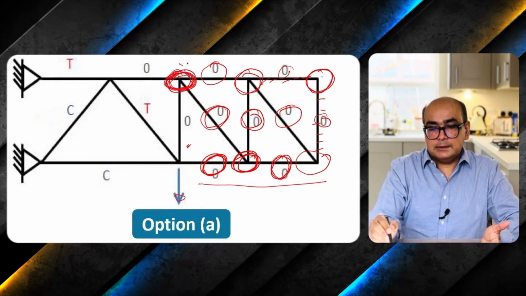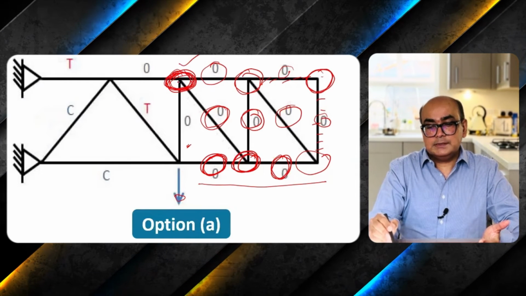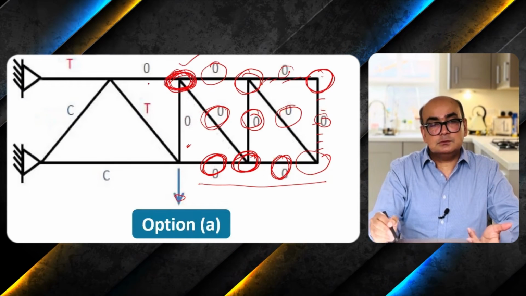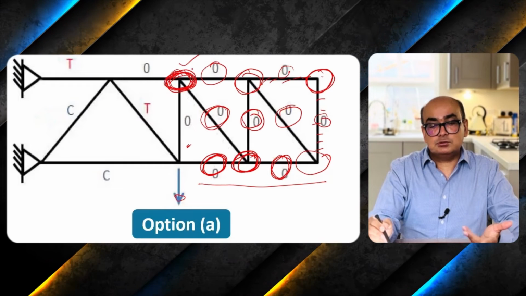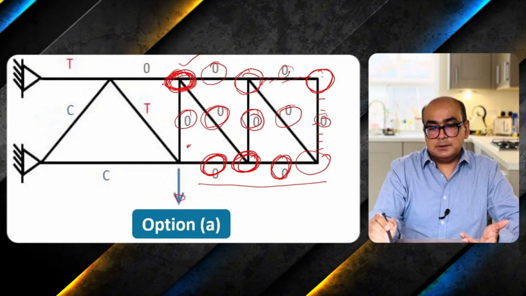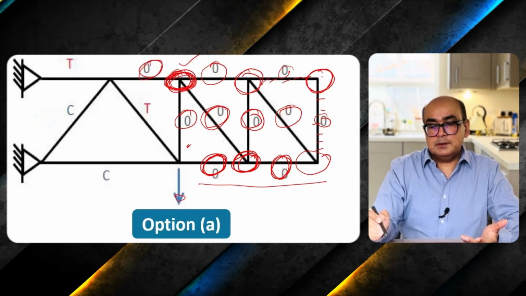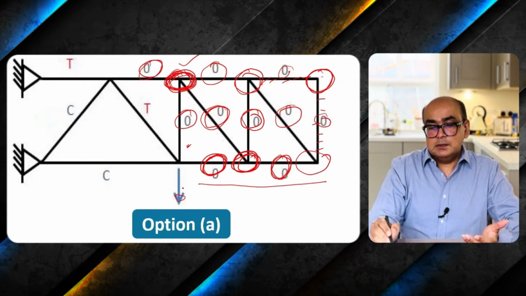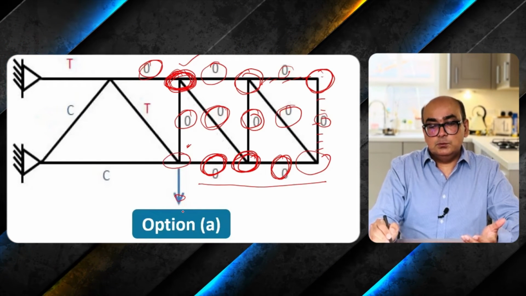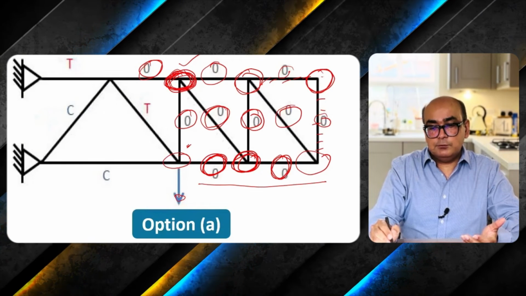Now I'm at this joint where you can see only two members are connected and the joint is unloaded, so that's why this member is going to be zero, this member is going to be zero as well. For this joint, we have a downward force.